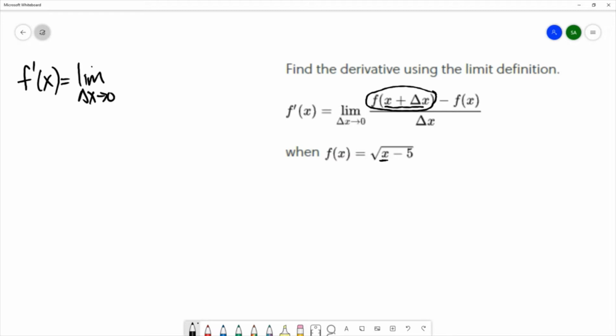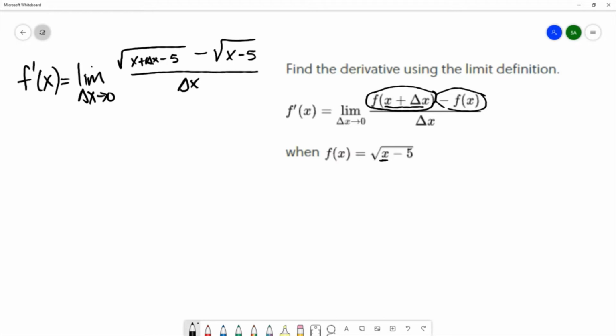So that would give me the square root of x plus delta x minus 5. And then I want to subtract f of x. So I'm going to subtract square root of x minus 5 over delta x. So this is the derivative, but if we were to use direct substitution right now, we would end up with 0 over 0, the indeterminate form.